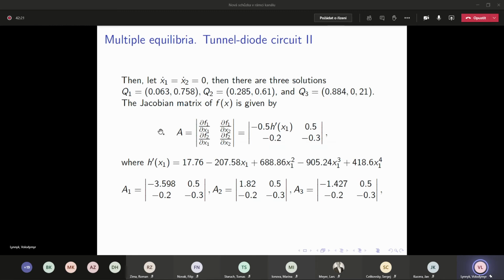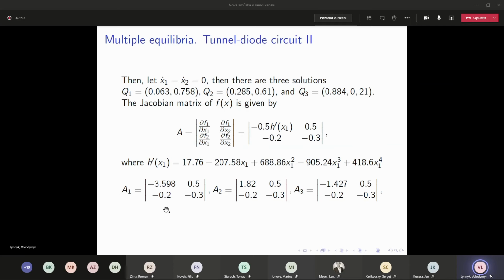Yeah, and the Jacobian matrix of f is given by the next. Where the derivative of function h equals 17.76, and so on.